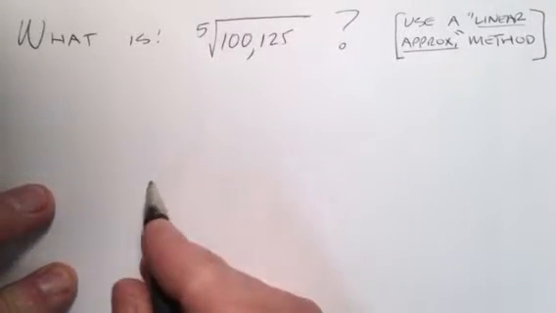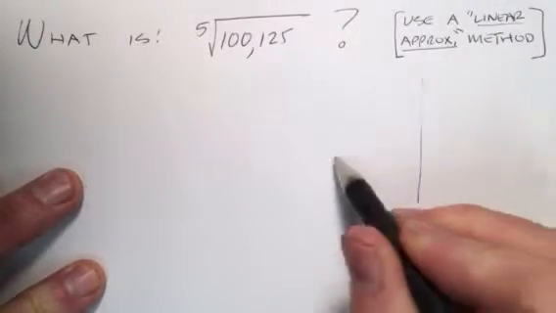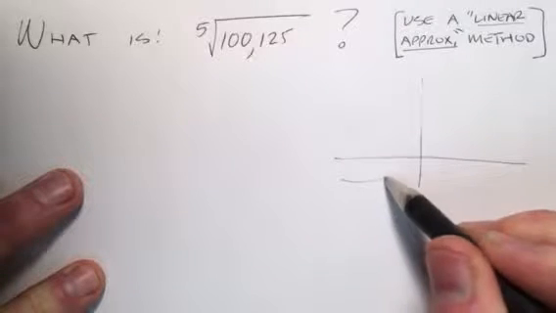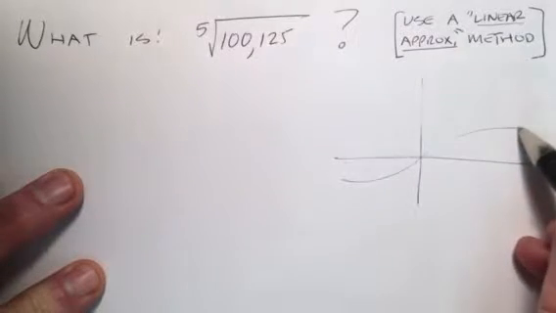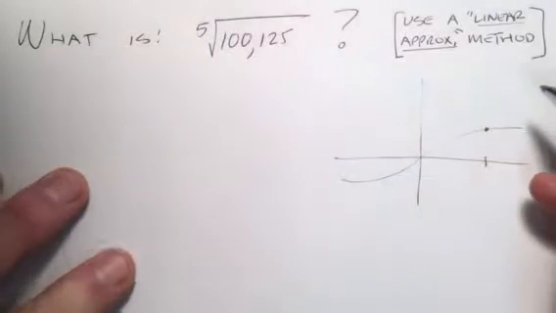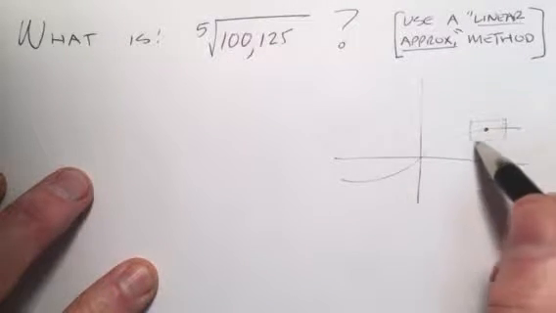But suppose we think about this as if we graphed it. A fifth root curve would look something like this. If we're way out here at 100,125, we can take advantage of what they call local linearity.